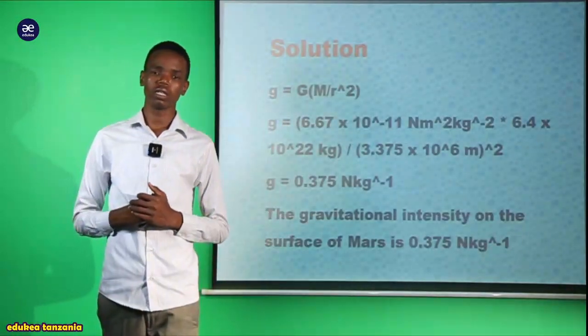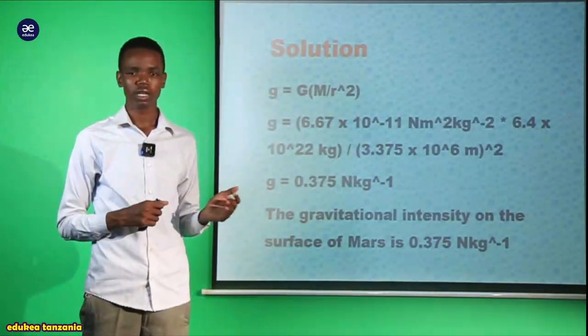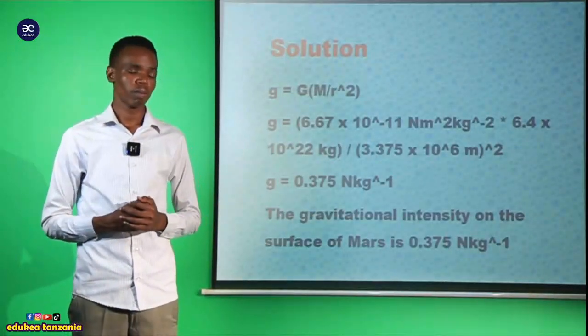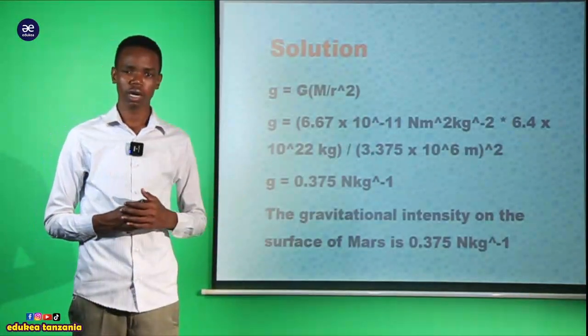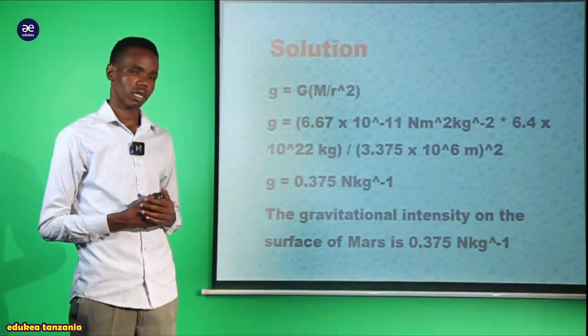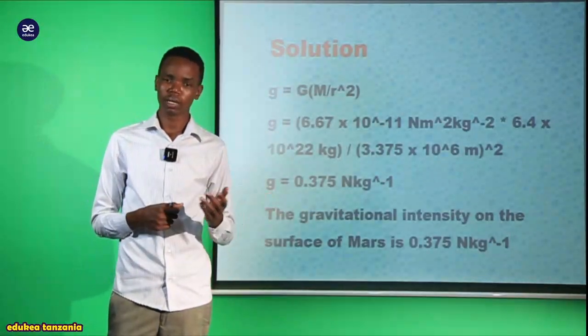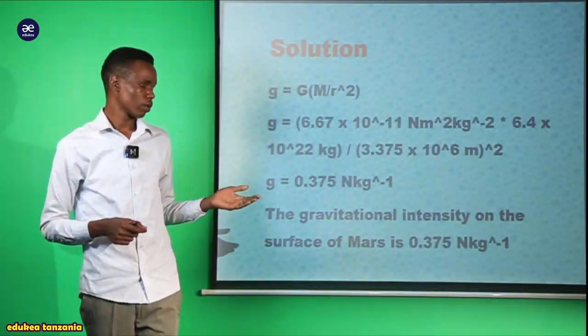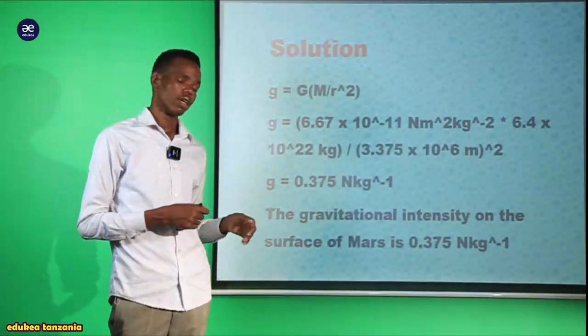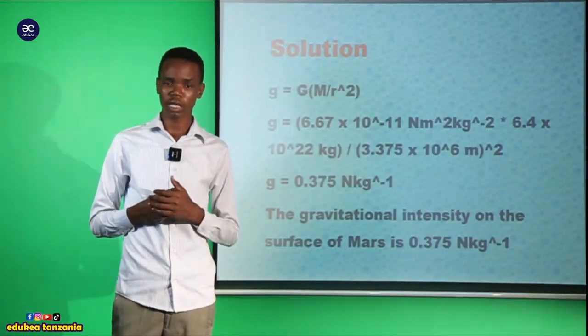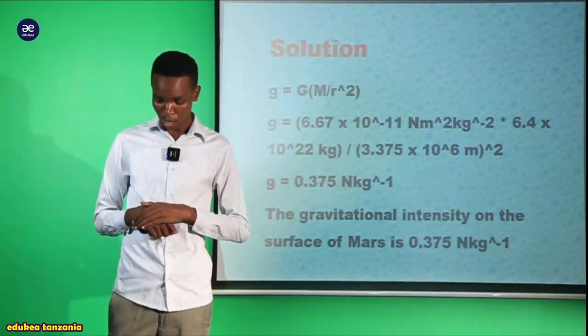You should obtain the value of g, the gravitational intensity, which is equal to 0.375 Newton per kilogram. If we express it, we get 0.375, and the unit will be meter per second squared or Newton per kilogram.